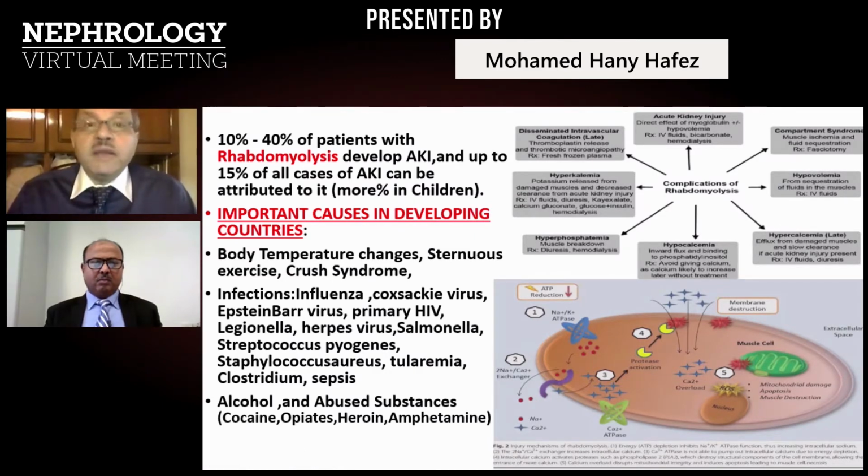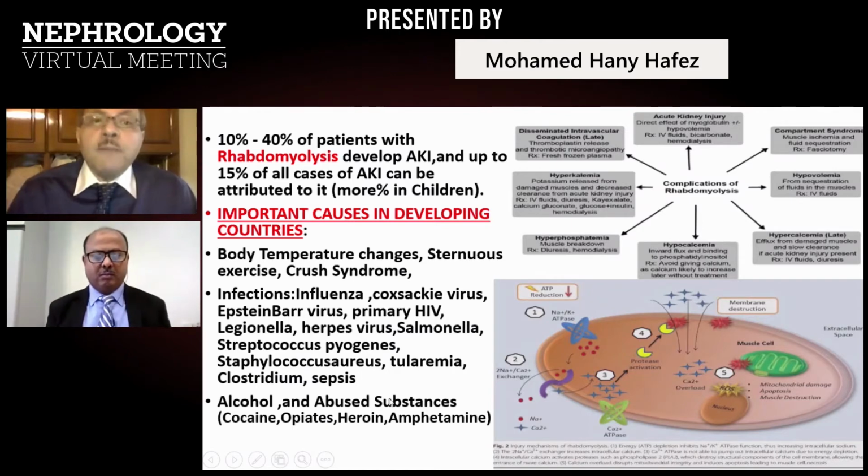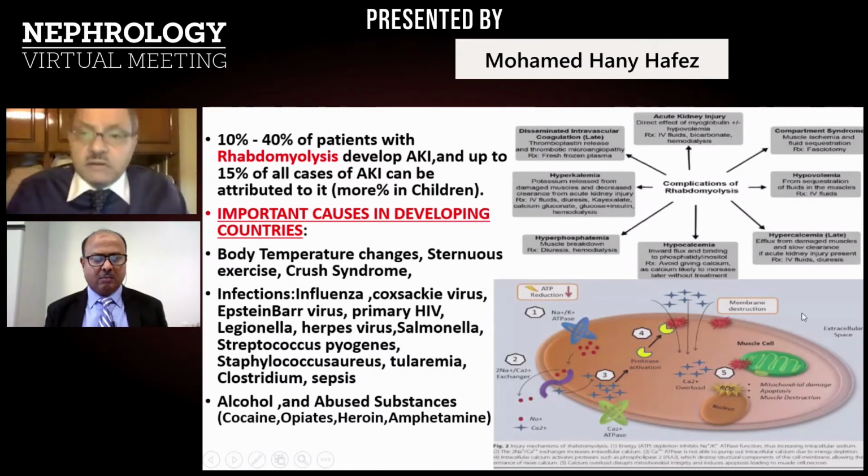Why do we have more rhabdomyolysis in developing countries? High body temperature, heavy manual work, strenuous exercise, crush syndromes, all types of infections that I mentioned, abuse of substances, opium, amphetamine, alcohol, etc. And this will result in muscle destruction.